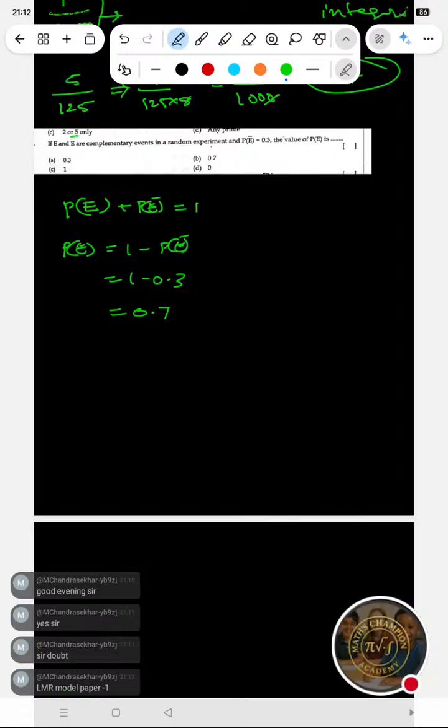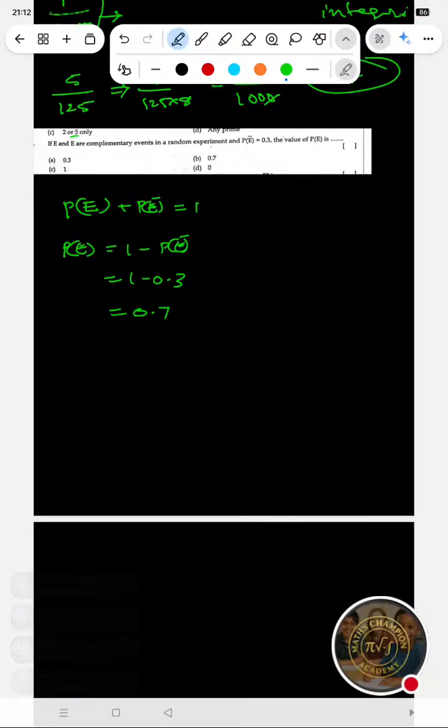LMR model paper 1. Can you tell the page number? Just wait for a minute. Model paper 1, which question? Page number 94.